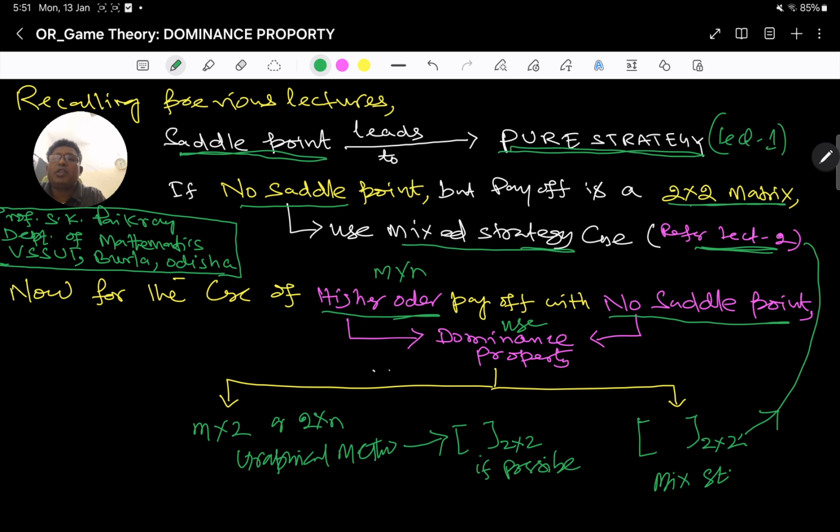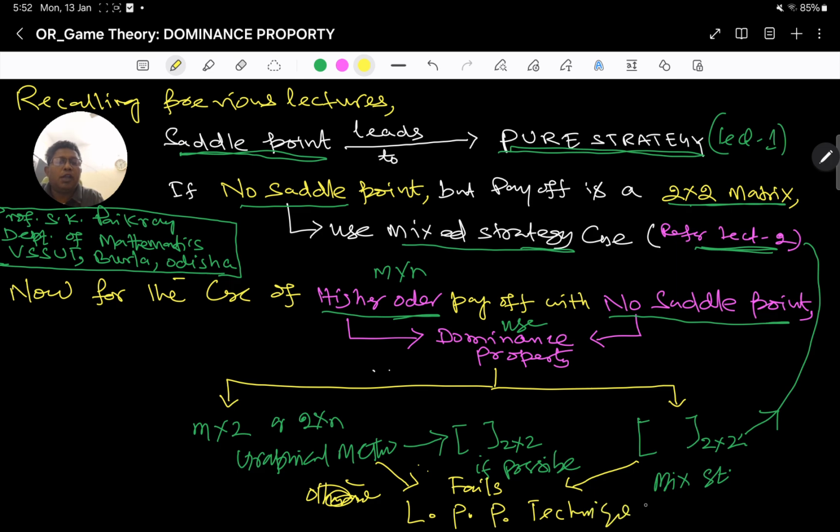If this method fails, then we use the linear programming problem technique, LPP technique, and we use the simplex method. So this is the idea.